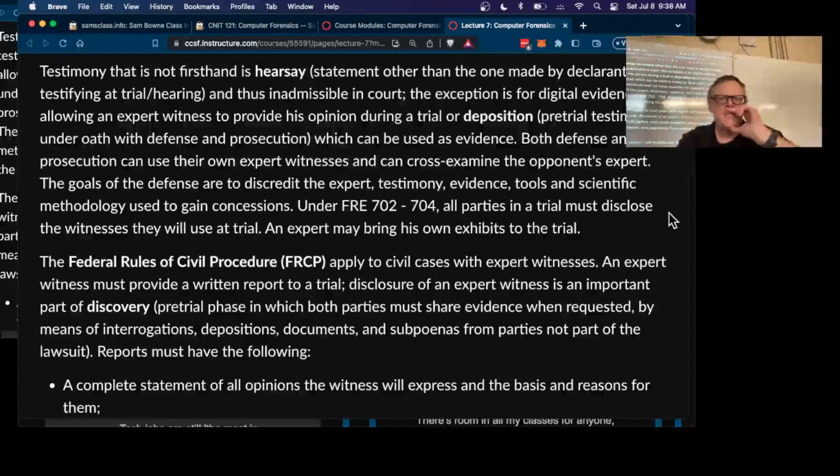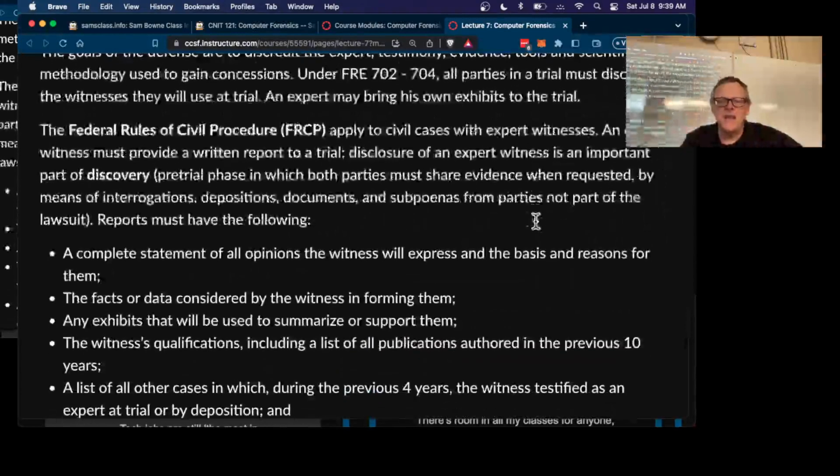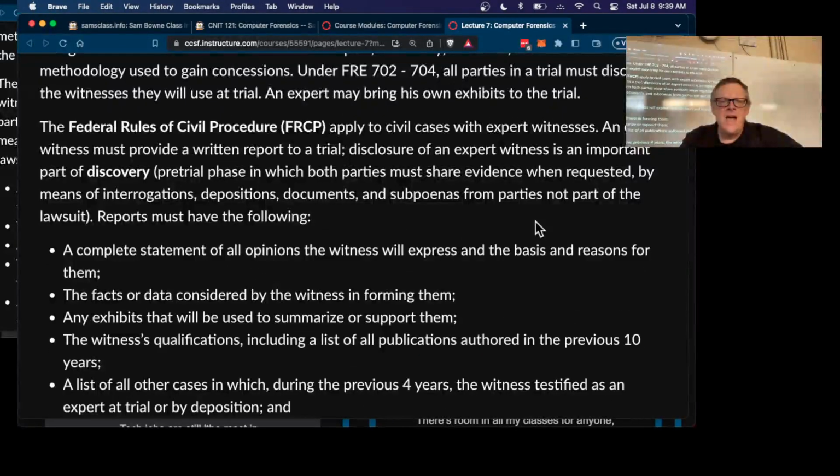Anyway, so testimony is normally hearsay if it's not something you saw directly, but computer testimony might all be hearsay. You look in computer logs or in the registry and you find something, that is some other thing telling you about it, but an expert witness is allowed to bring in that kind of evidence. And that's the point here.